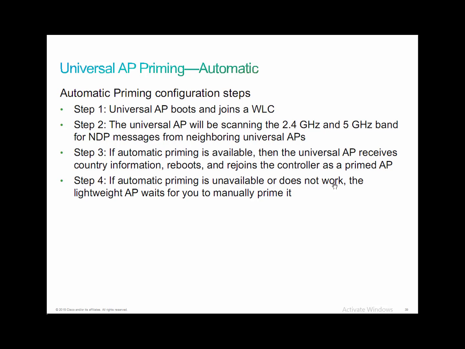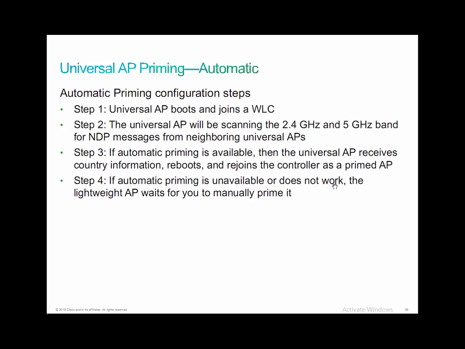A primed universal AP sends out regulatory domain information and country configuration in an 802.11 frame, in the actual beacon frame. So any lightweight universal AP that's waiting to be primed can identify those universal APs in the neighborhood. They learn their domain configuration from those already primed APs, and then they configure themselves.